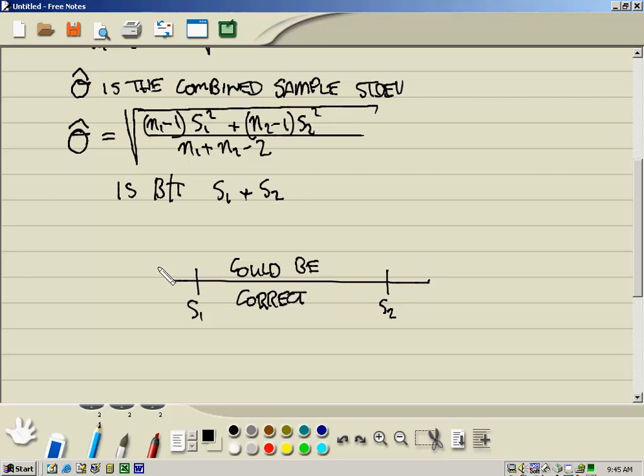If we're outside that range, either side, we're obviously wrong. So once you've calculated sigma hat, if you find a value outside your range between s1 and s2, do the calculation again, check it out.